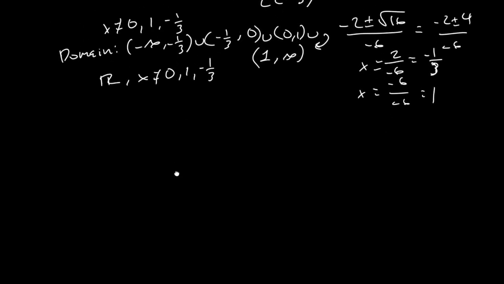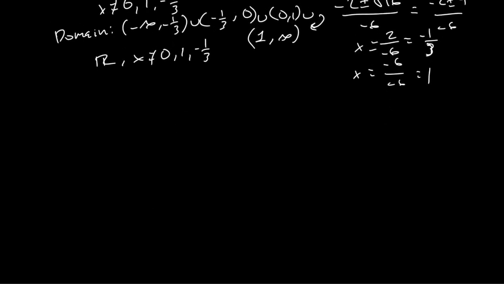Now, from here, we can find the range of g of f of x. This is a lot trickier, and it is probably past the scope of your class, so if you don't want to get confused, don't watch this. y equals x squared over 1 plus 2x minus 3x squared. This is a rational function, and we'll find the range by noticing asymptotes at x equals 1 and negative 1/3.